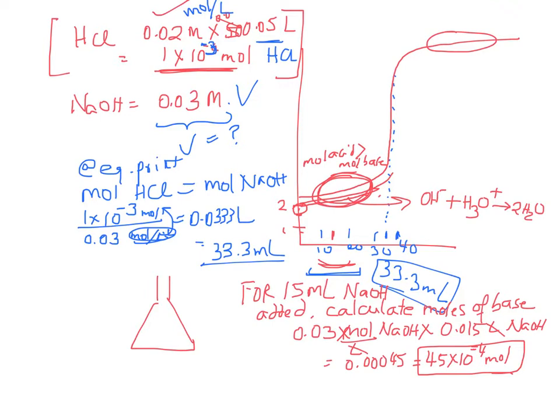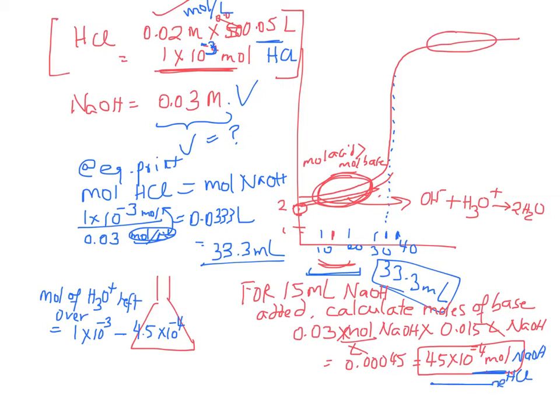Since we have the acid, which is 1 times 10 to the power of -3, and the base, which is 4.5 times 10 to the negative fourth, moles of hydronium left over is going to be 1 times 10 to the power of minus 3, from which I'm going to subtract 4.5 times 10 to the negative 4, because for each mole of sodium hydroxide, the same number of moles of HCl is going to get neutralized. So this amount is going to get neutralized.